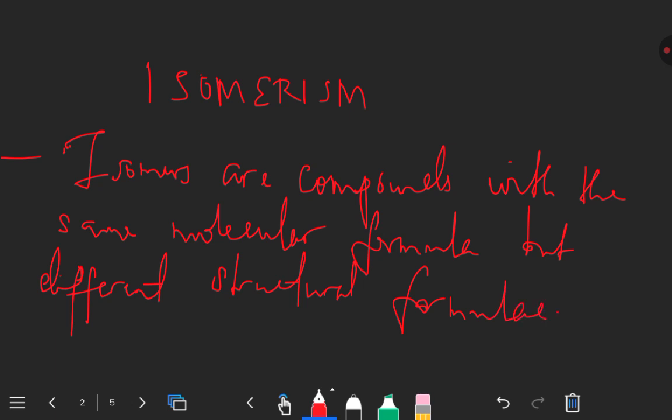So basically this is what we are talking about. They're simply molecules or compounds with the same molecular formula but different structural formula.